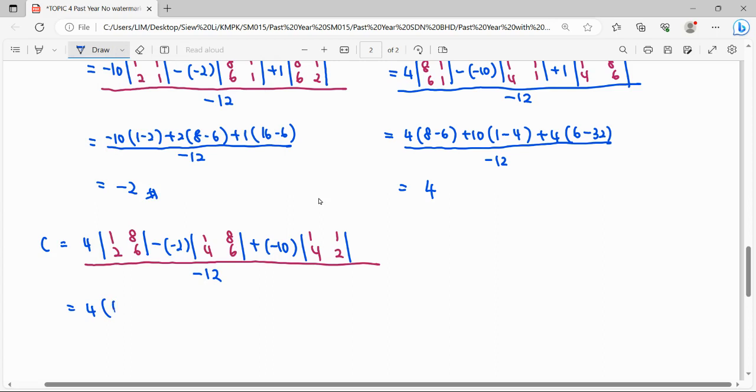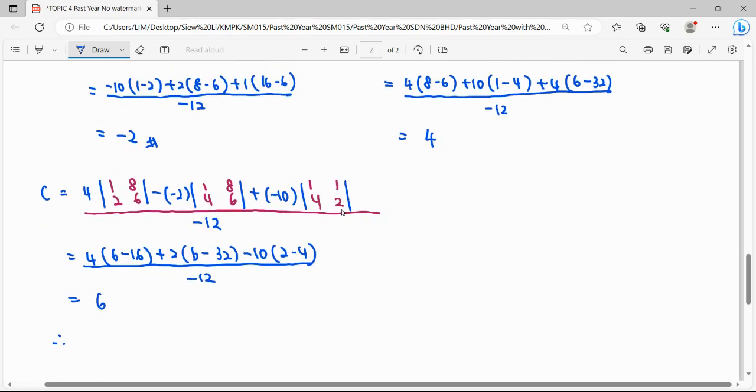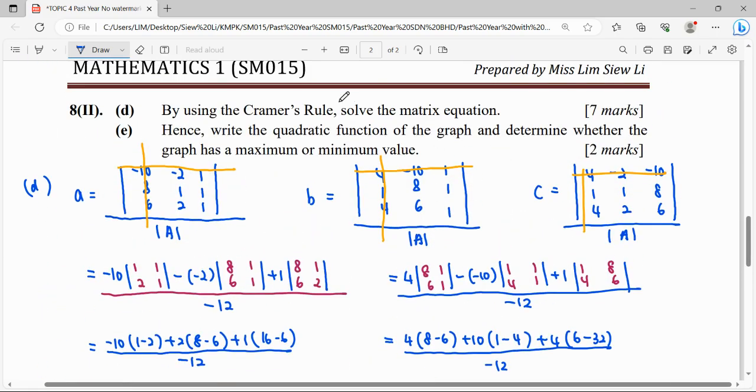So simplify. Finally, we can find our unknowns where a is negative 2, b is 4, and c is 6. So this is how we solve by using Cramer's rule.